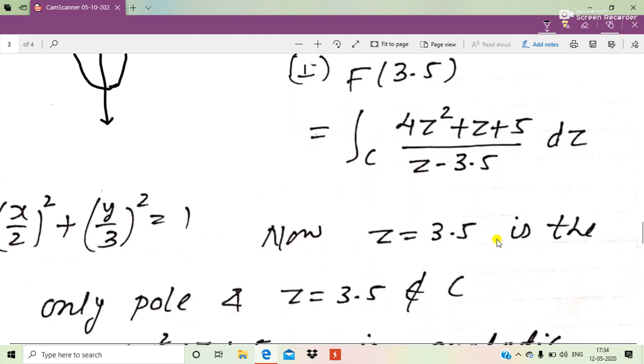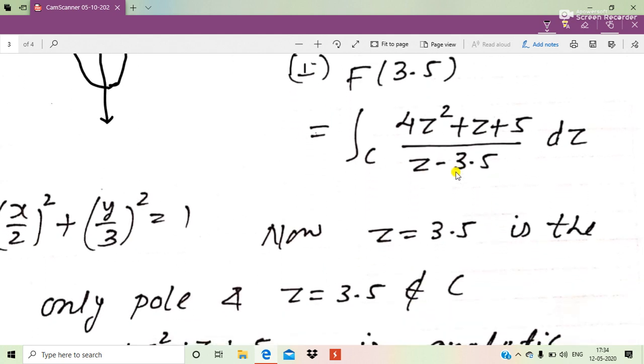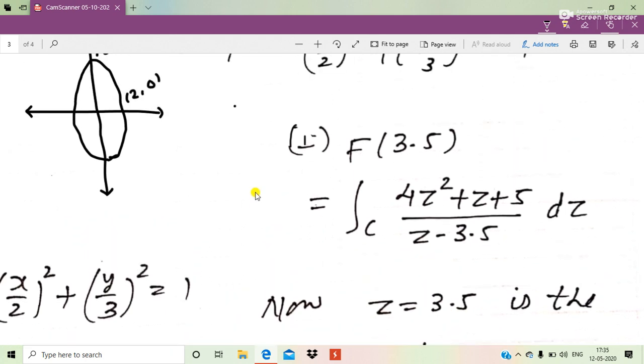And now to find the pole, we put the denominator equal to 0. So when we put the denominator equal to 0, the value of the pole is 3.5. Now we check whether the pole is inside or outside. So z is equal to 3.5. As we can see, it is outside the curve C.